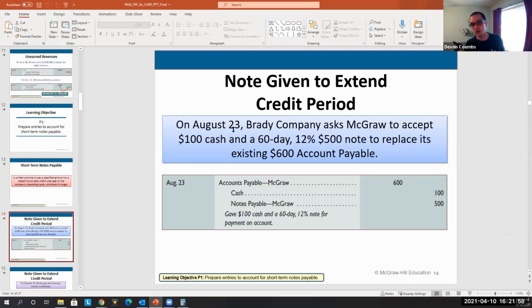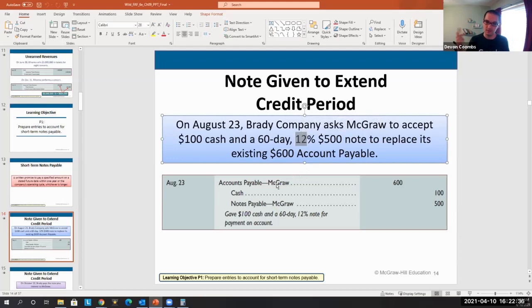And so on August 23rd, Brady asked to accept $100 cash and a 12% $500 note to replace his existing $600 accounts payable. So these are where these transactions can get a little more complex. So McGraw has said, hey, we know you can't pay in the short term. So instead of you paying in the next 30 days, we will accept $100 in cash today, and we're going to give you a loan of the $500, but you need to give us interest on that loan.